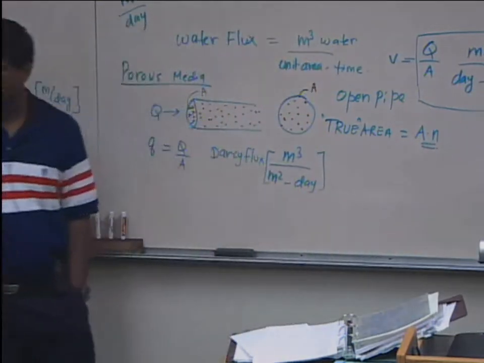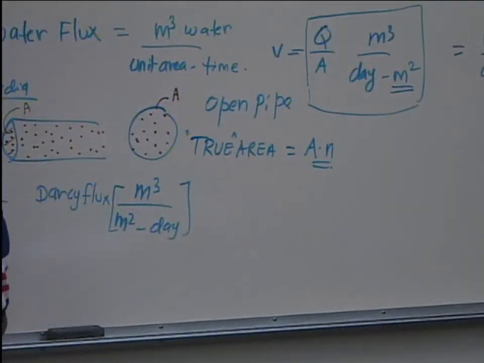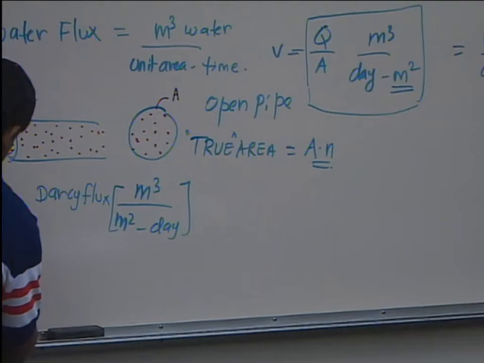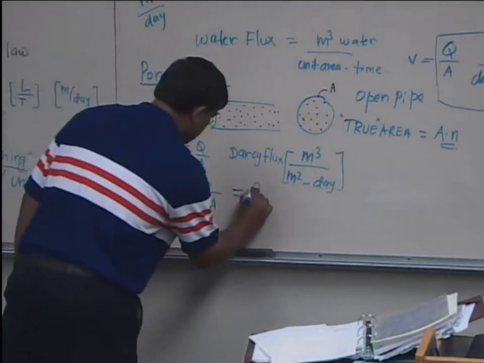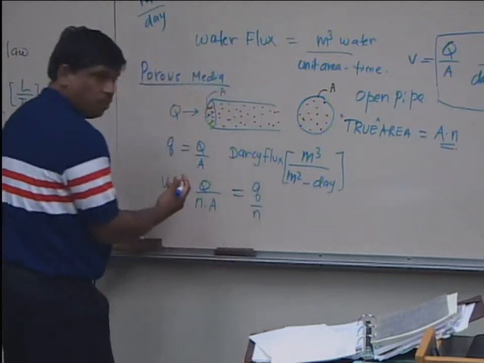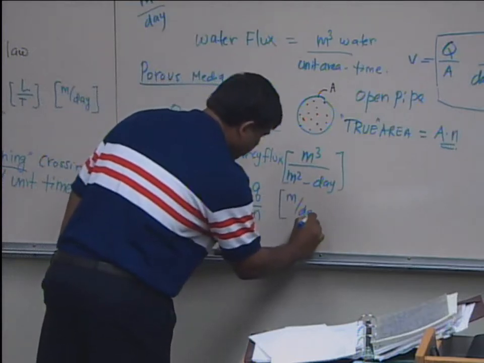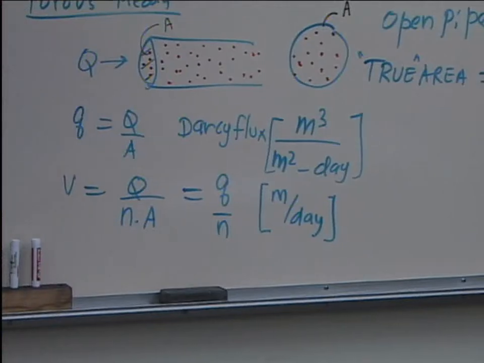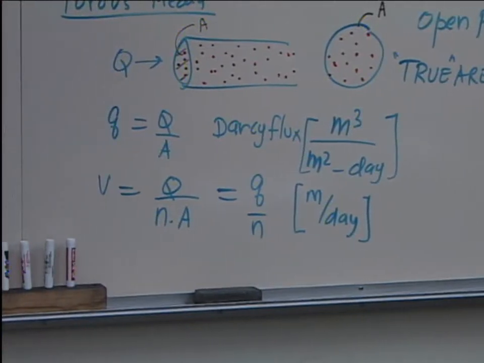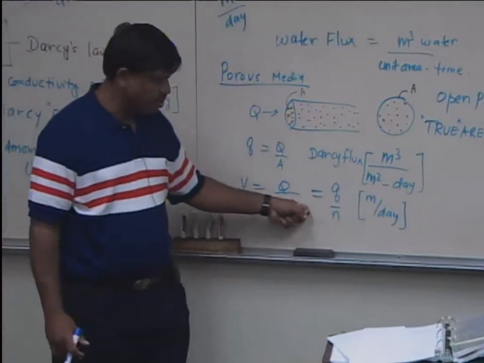That's where the flow goes in. Now, if I use the true area, I'm going to call it V. So Q divided by n times A, which is also nothing but q divided by n. Although dimensionally it's the same, now I'm going to call it meter per day because it's a velocity unit. Dimensionally it doesn't make a difference, but physically it makes a lot of difference. One is a flux, which is associated with flows, the other one is a velocity.